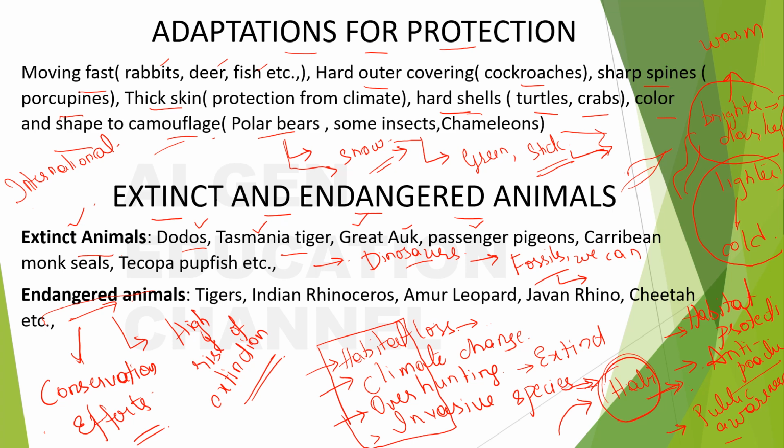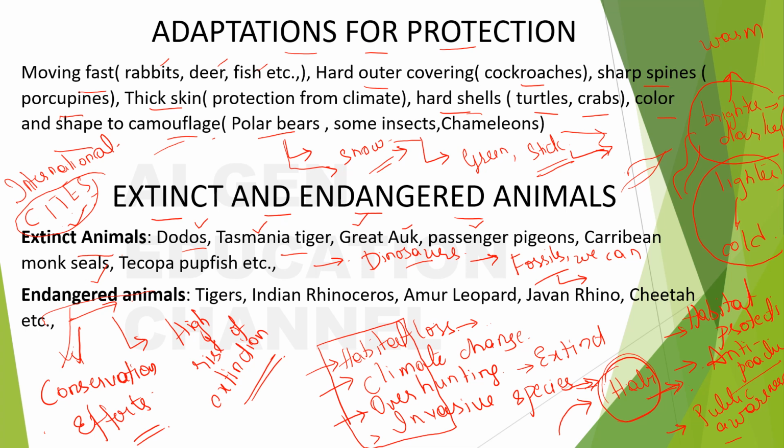One of them I just want to mention is CITES, the Convention on International Trade in Endangered Species. There are so many such conventions in the international arena about these endangered animals. When you do all this, you can at least try to get the animals out of this high risk of extinction.